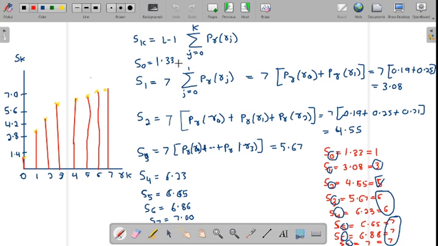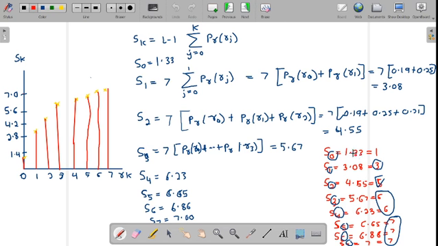But whatever values you get are fractional values, not integers. In order to convert this into an integer, you will be rounding the value. If it is 5 or greater, you round up to the next digit, else you retain it. Here s0 is 1.33.